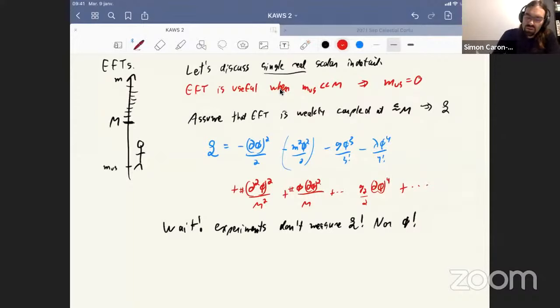And if you start doing field redefinitions, you realize you can get rid of a lot of these terms. So for example, you can remove this term by taking phi to phi plus some coefficient times the Laplacian of phi. This coefficient will go like 1 over m squared.